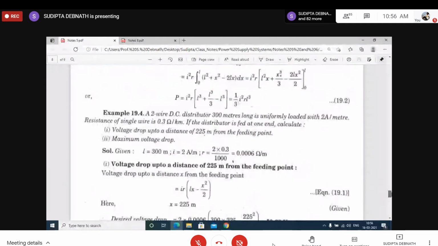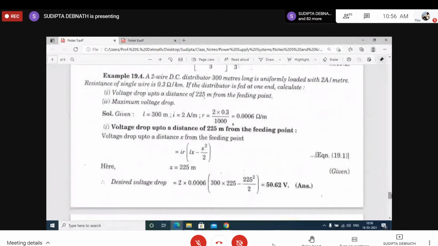Now, the first one: a 2-wire DC distributor 300 meters long is uniformly loaded with 2 ampere per meter. Resistance of a single wire is 0.3 ohm per kilometer. You can understand you have to multiply it by 2.